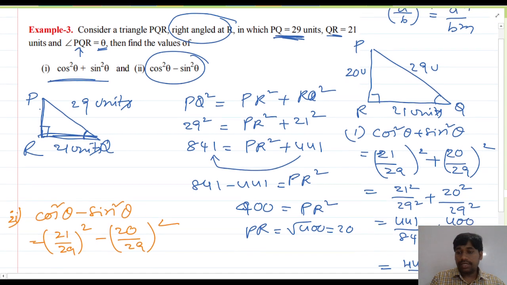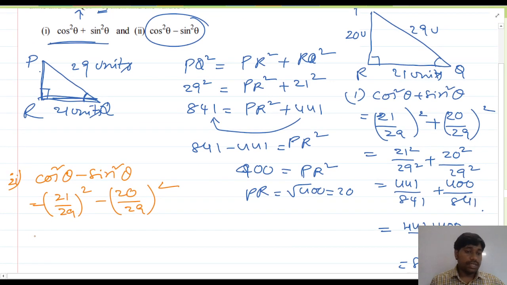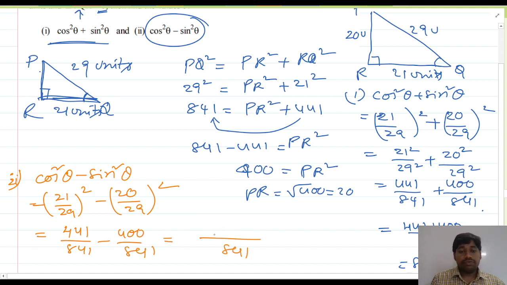So if you do those squares, that is also known to us: 441 by 841 minus 400 by 841. So simply it is 841 as the LCM, 441 minus 400, which is equal to 41 by 841.